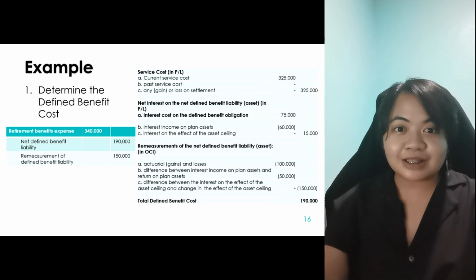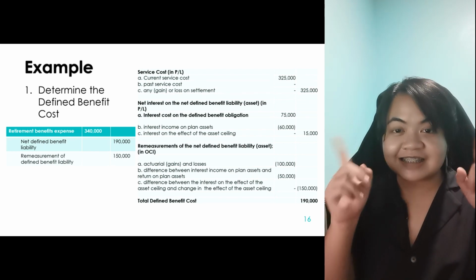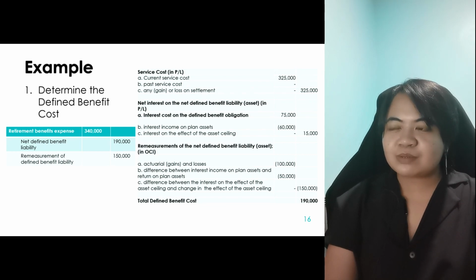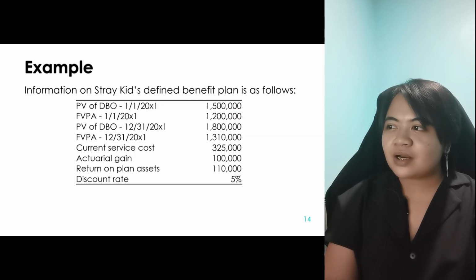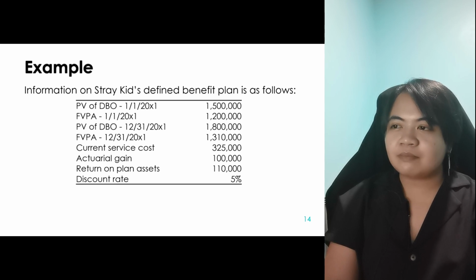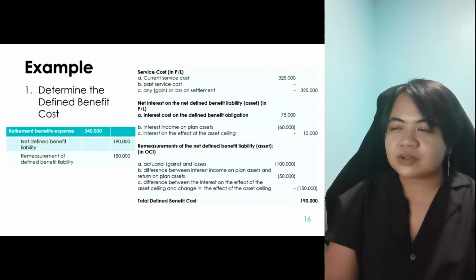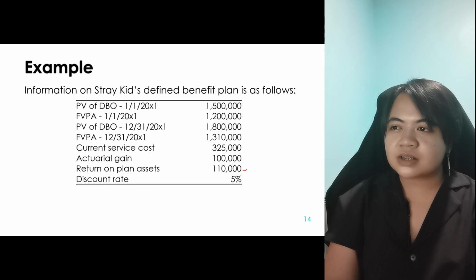Okay, kasi this is defined benefit cost, kaya lahat ng gains naka-negative. Difference between interest income on plan assets and return on plan assets. Ma'am, paano nakuha? Okay, you have here return on plan assets na 110. Okay, ito 110, babangga mo siya dito sa 60,000.